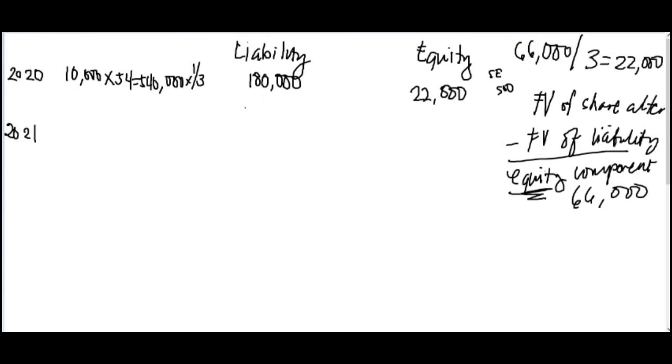The next, 2021. How do you record this? Salaries expense, accrued salaries payable. Okay? 2021, dito tayo sa madali. So, sabi nga, 3 taon, 22,000. Okay? Easy. Dito sa kabila, you have, again, your 10,000 SARS times the fair value on December 31, 2021, that's 60, is equal to 600,000.